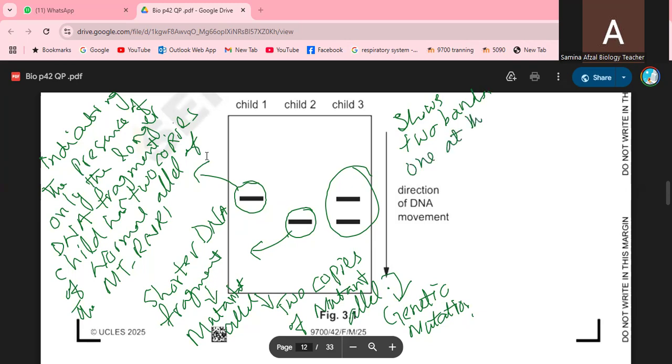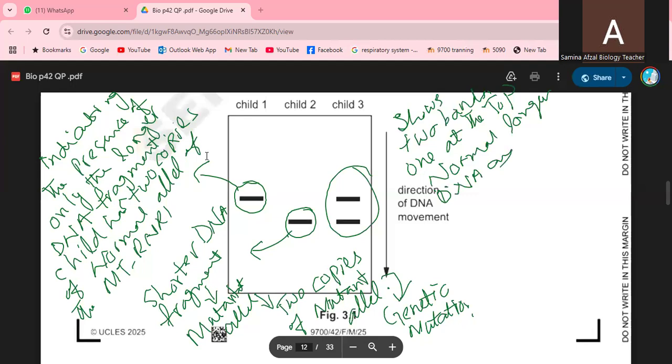One at the top shows the normal, longer DNA or the allele. You can see that.